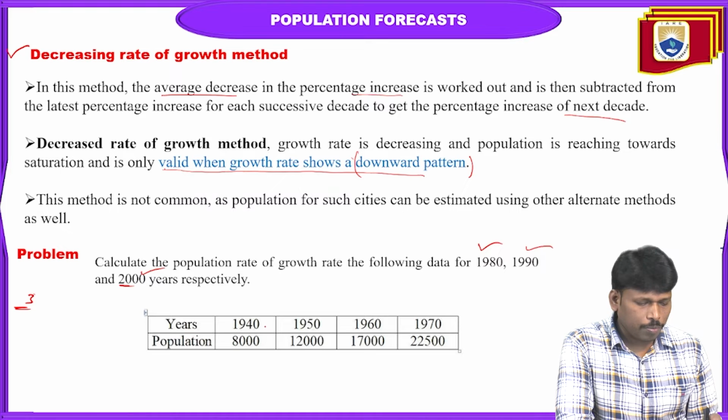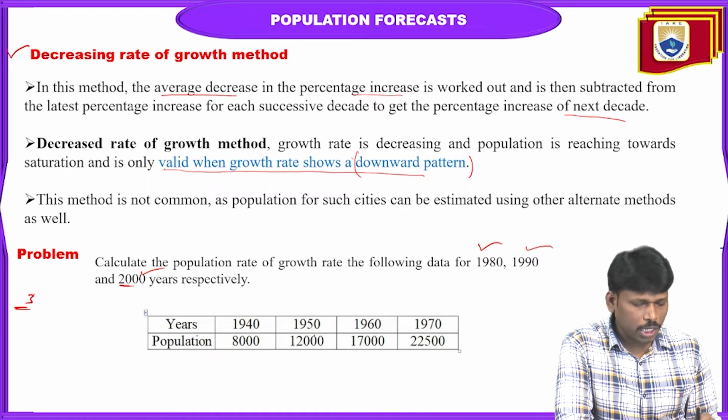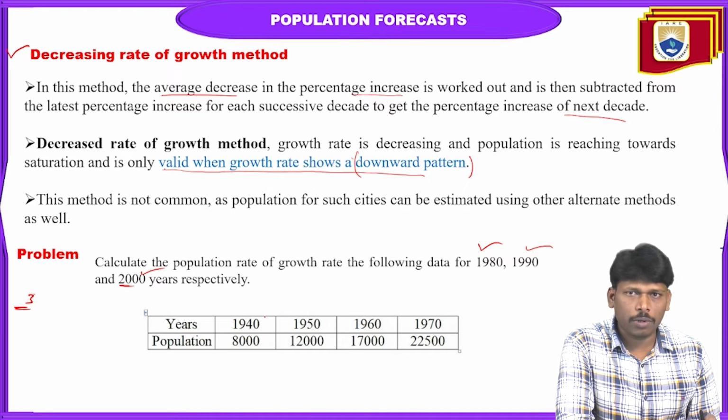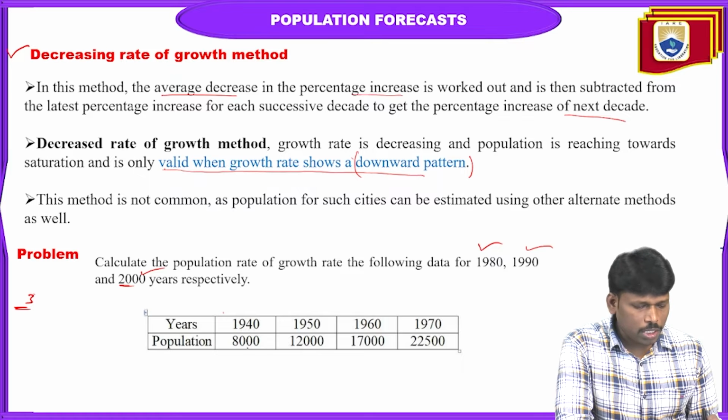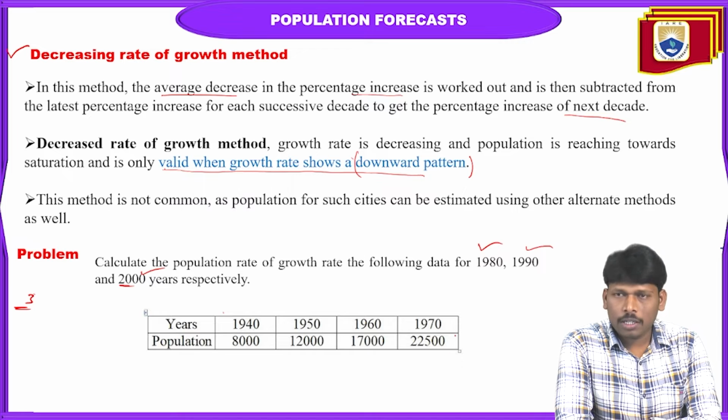This is the population for the last few decades, starting from 1940, 1950, 1960, and 1970. With respect to each year, you can see the population here: it is 8,000, 12,000, 17,000, and 22,500 in 1970.